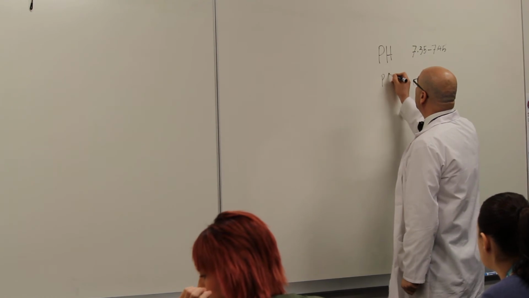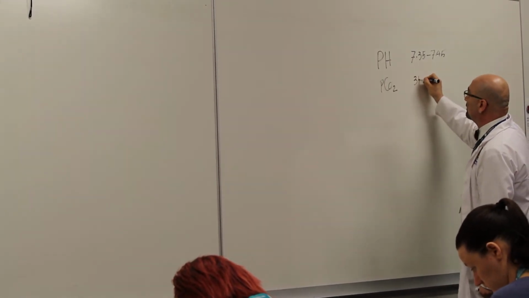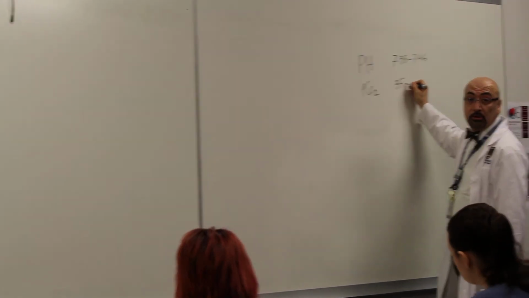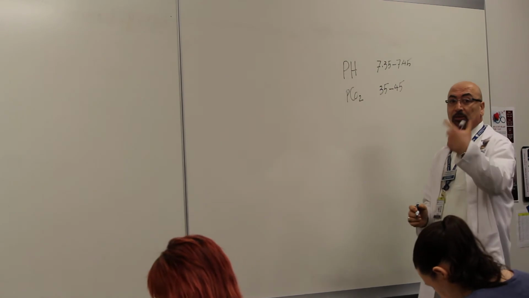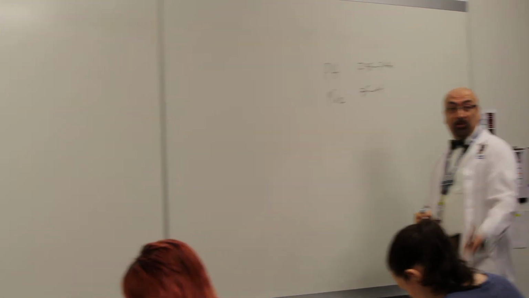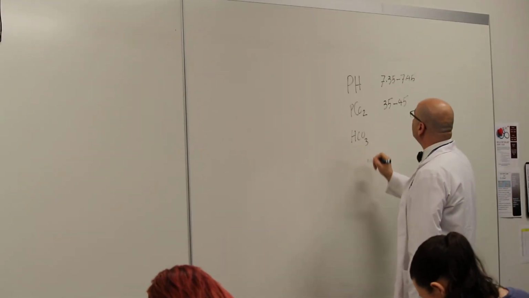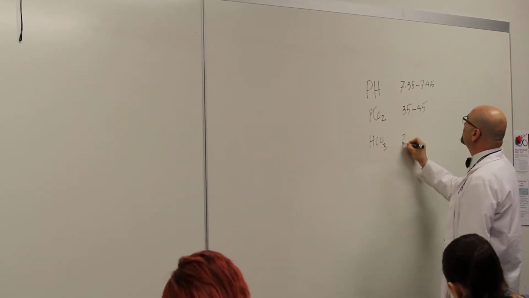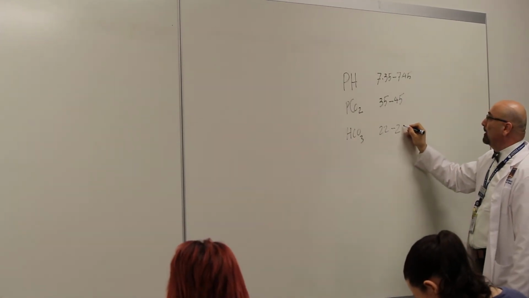So you have P of CO2, and what do we have? The range. 35 to 45, right? Okay. And then another major player there is bicarbonate, and that range is about 22 to 26, 28. So that's your range, right?